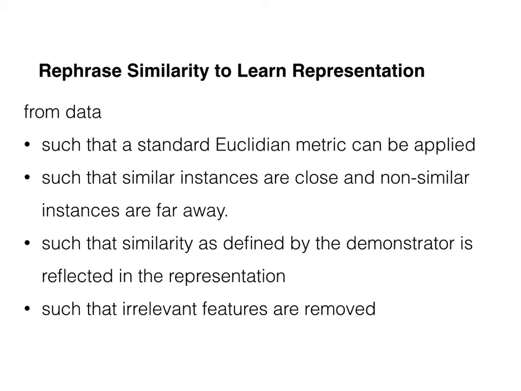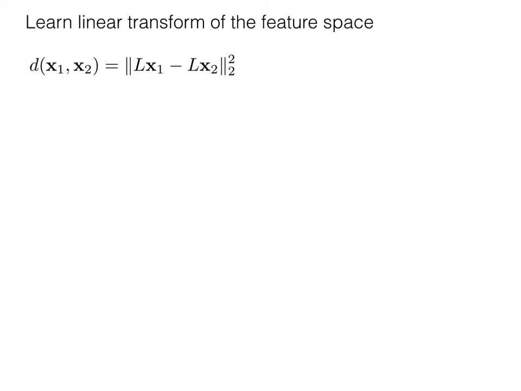A starting point for this might be to learn a linear transformation of the feature space, for example like this. That gives us the qualities we asked for, and this enables us to apply a Euclidean metric, which plays nicely with both the KNN and the KDE solution.